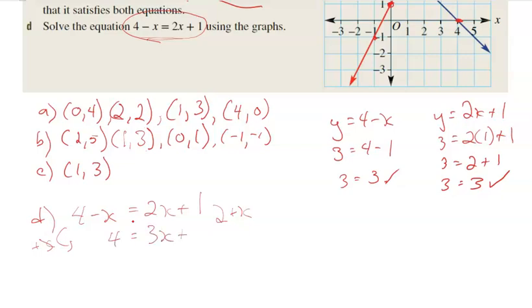That gives us 4 equals 3x plus 1. Then I'm going to subtract 1 from both sides, which gives us 3 equals 3x, and you could probably work out from there that x is equal to 1, because we can divide both of these by 3. Which of course it does equal 1.